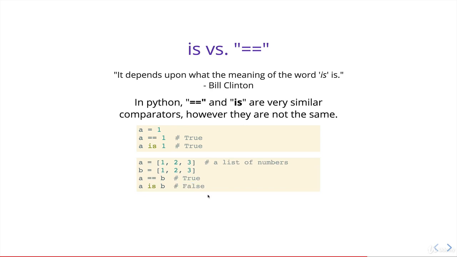The difference is that double equals is checking the values to see if they're the same. a is b is checking to see if they're stored in the same place in memory. So with lists, they could look the same, but they're different instances. They're different objects. And we haven't really talked about objects, so this is sort of an awkward video for me to place in the course.